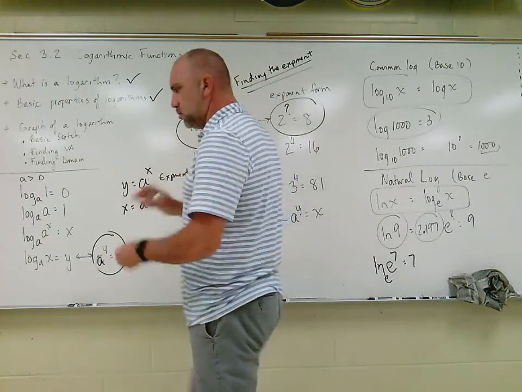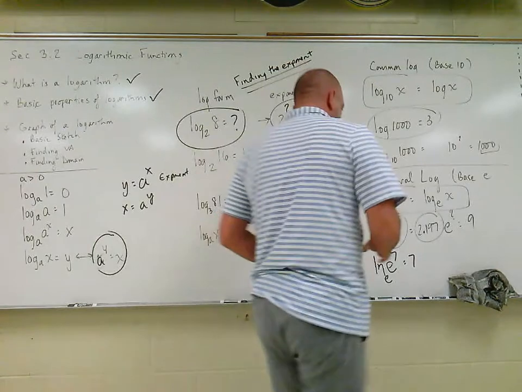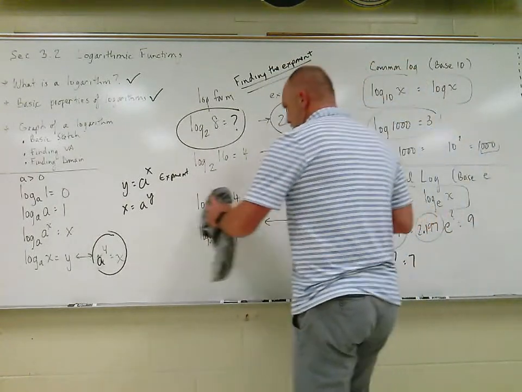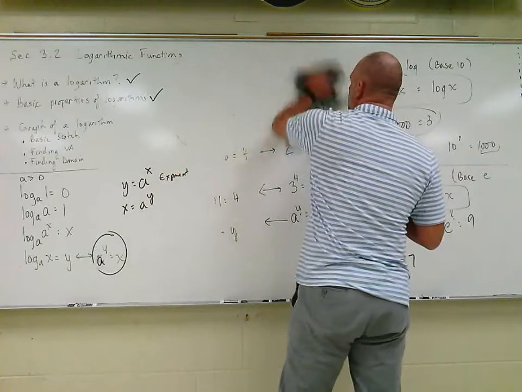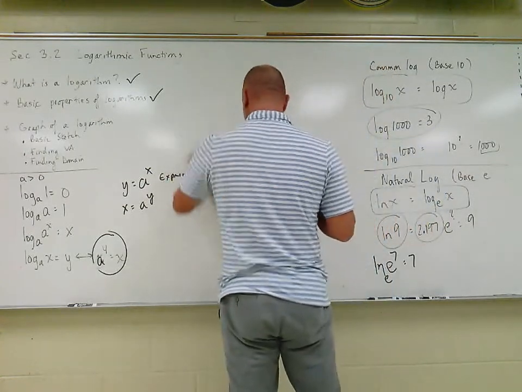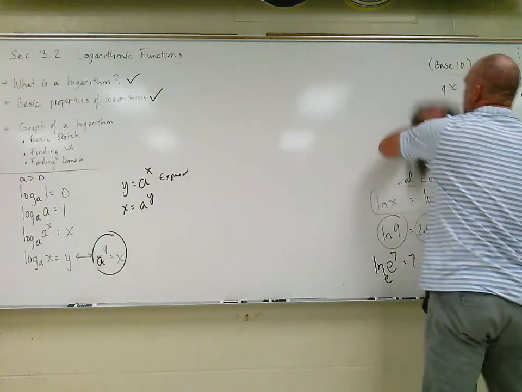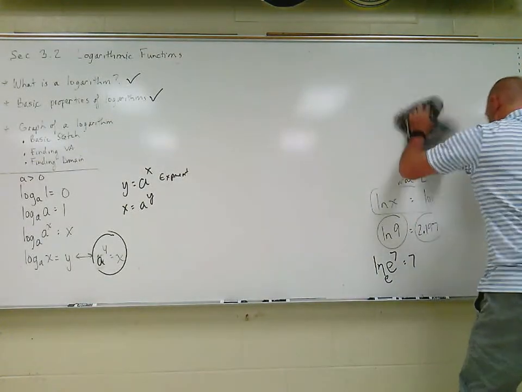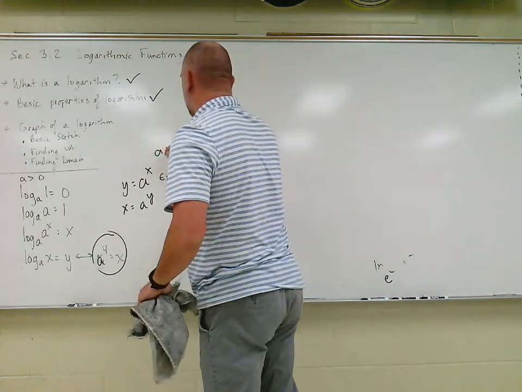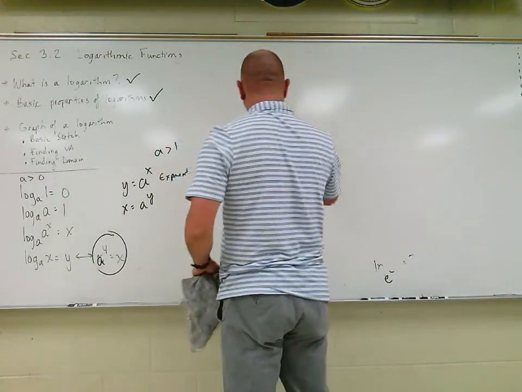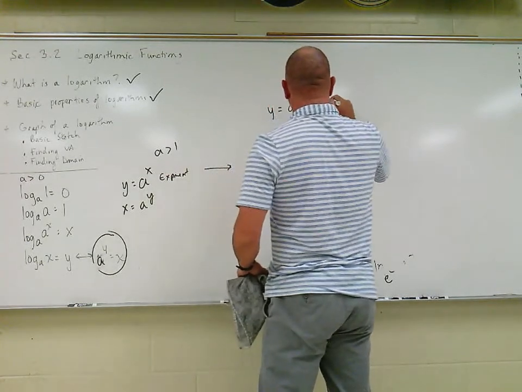Let me do some erasing here because I want to refresh my memory. Let's just say, so we can paint a picture, a is greater than 1. So if we look at this, y equals a to the x, a is greater than 1.